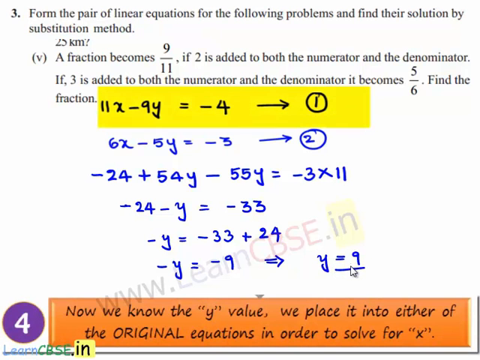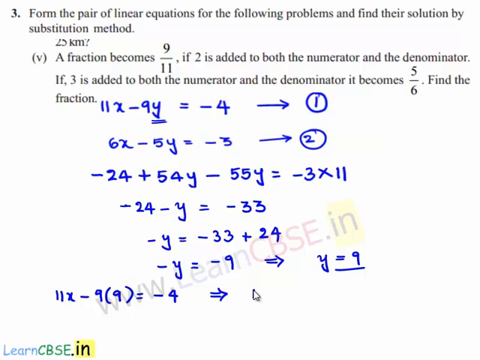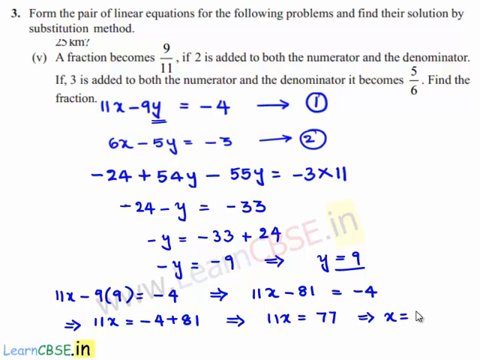So let us substitute the value of y in equation number 1. 11x minus 9 times of y, which is 9, is equal to minus 4. That implies 11x minus 81 is equal to minus 4, which gives 11x is equal to minus 4 plus 81, which is nothing but 11x is equal to 77, which is x is equal to 77 by 11, which is 7.